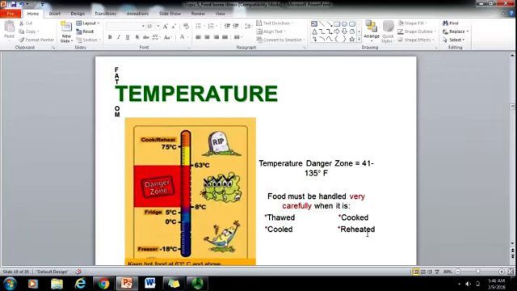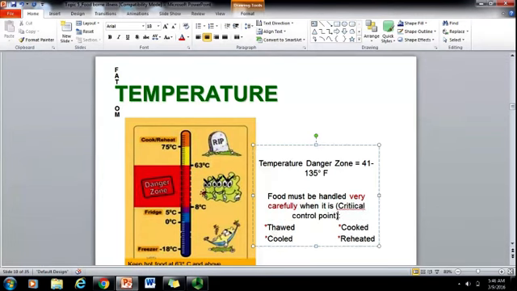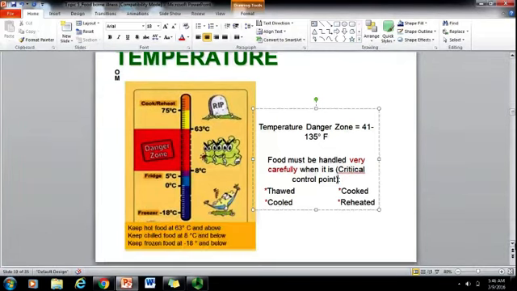You have to verify the food temperature by probing a thermometer into the food. These four steps of food preparation are what we call critical control points, where bacteria can grow and multiply if the food falls within the danger zone. That is the temperature factor.